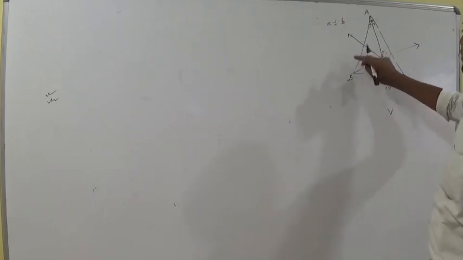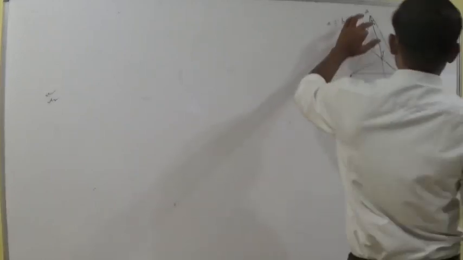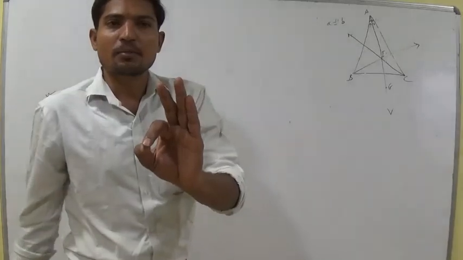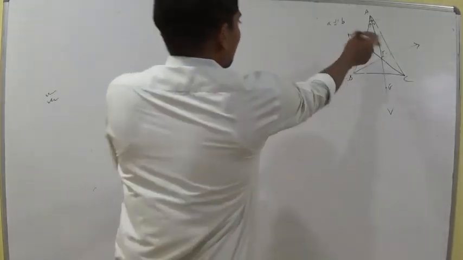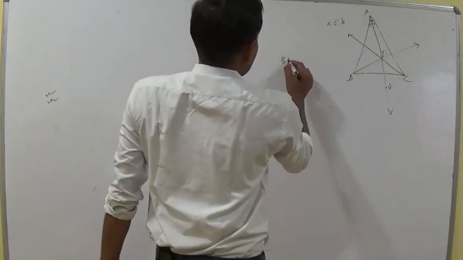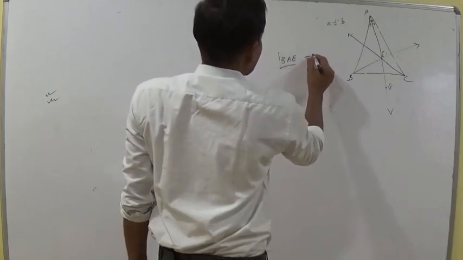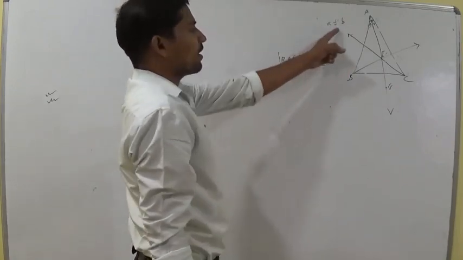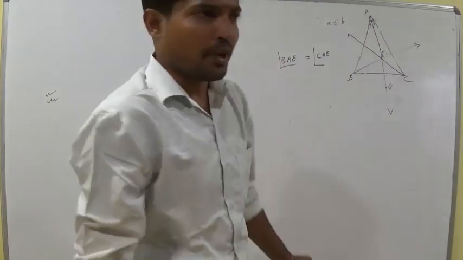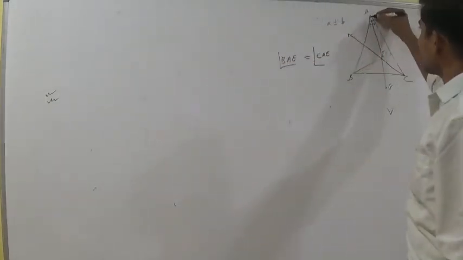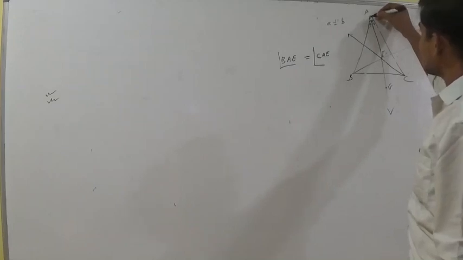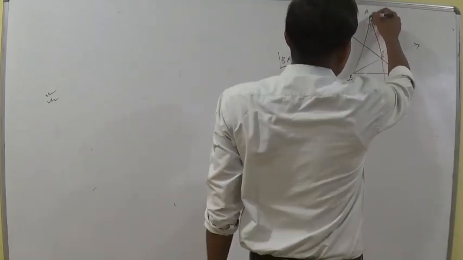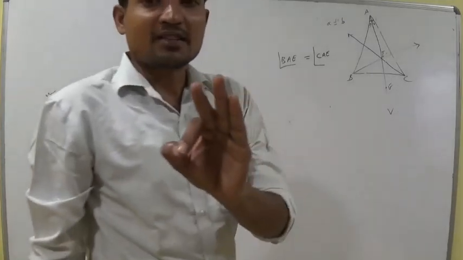So angle BAE equal to angle CAE, right? So that means A equal to B. Here the angles are equally inclined with their bisector.